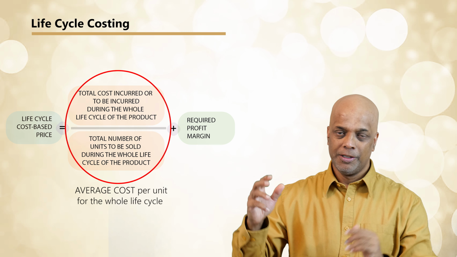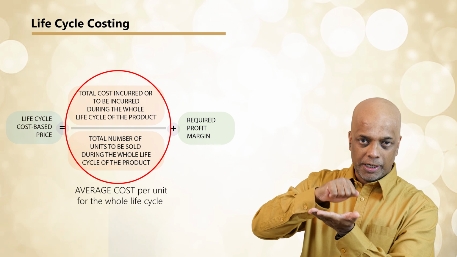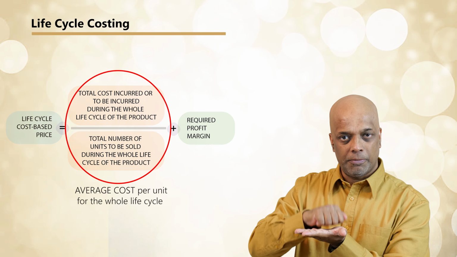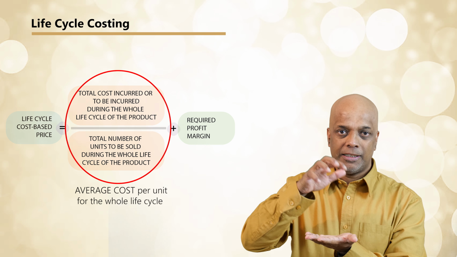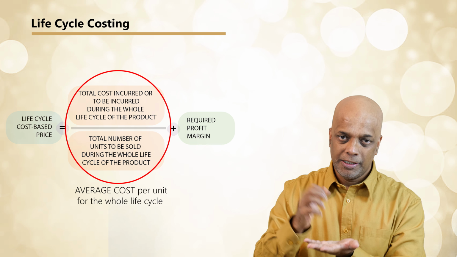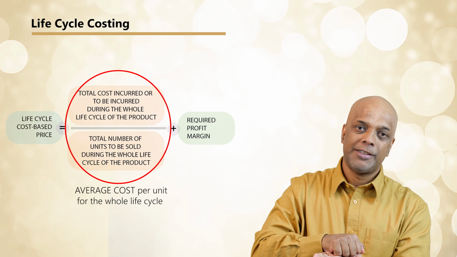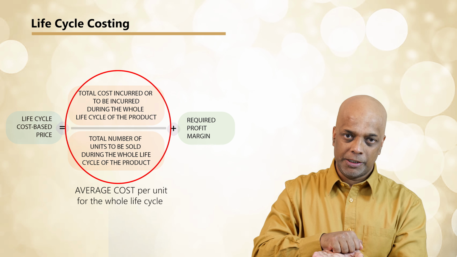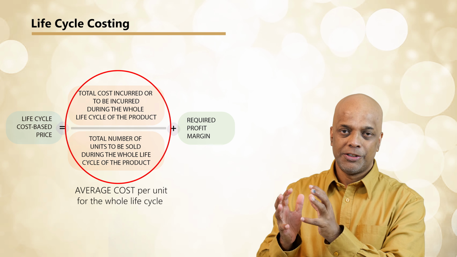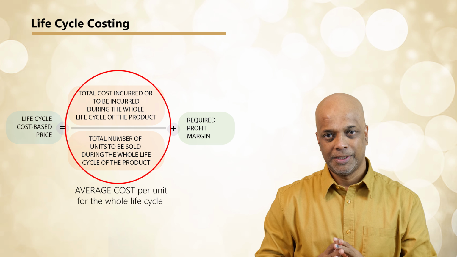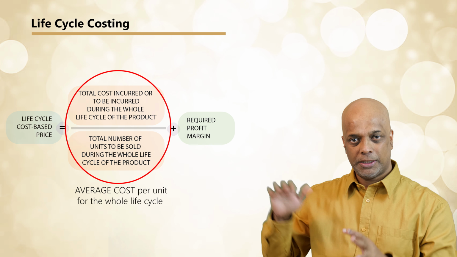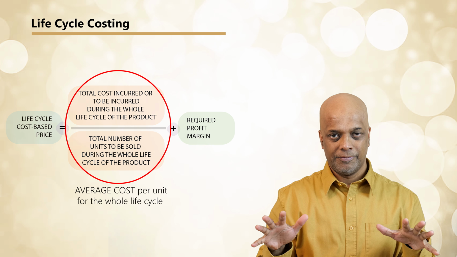And then you calculate your target profit margin, or the required profit margin. As in the case of cost plus pricing, you add that required profit margin to arrive at your life cycle price. As a formula, as an equation, it is a very simple idea.